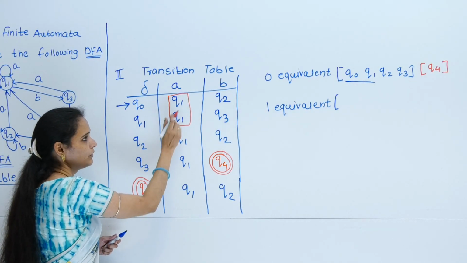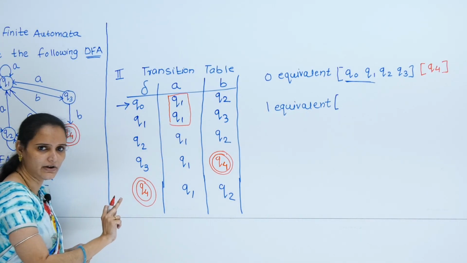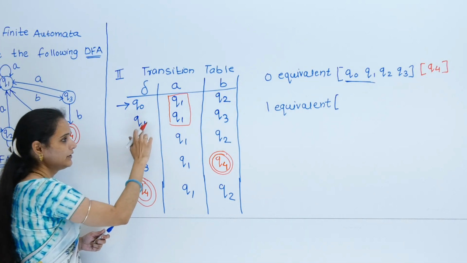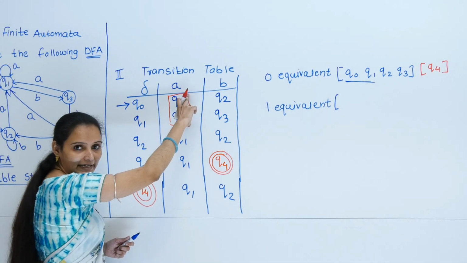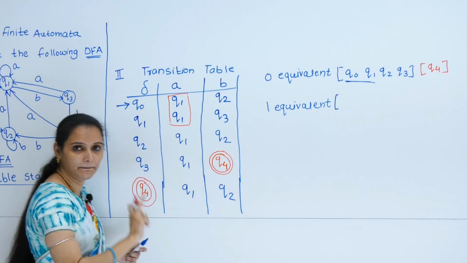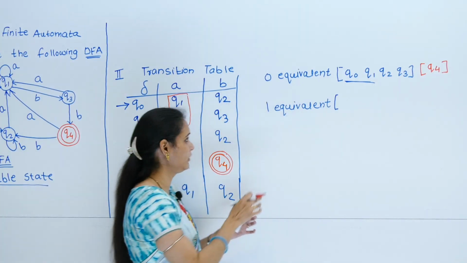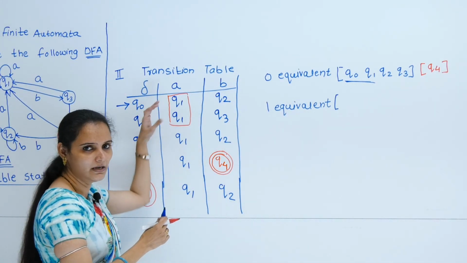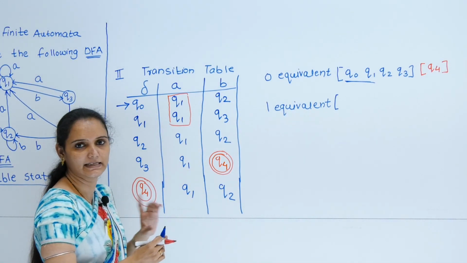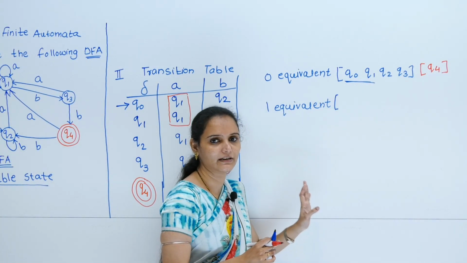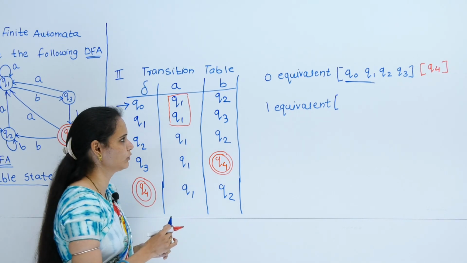It goes to Q1 and Q1, which means it is one state only. What I want is Q0 to A, Q1 to A, and what I obtain should be present in one group in zero equivalent. Here it is only one state, so obviously that will be present in one group. So for Q0 and Q1, the input A goes to one group only.